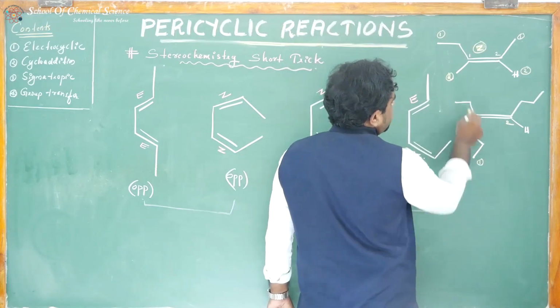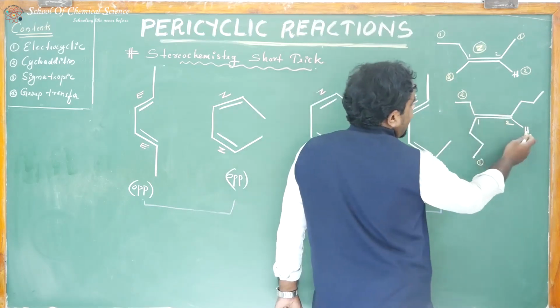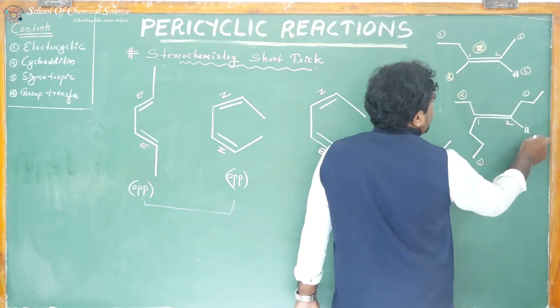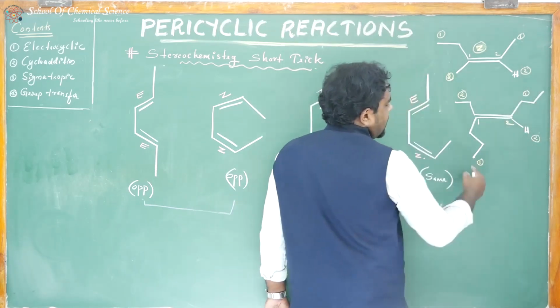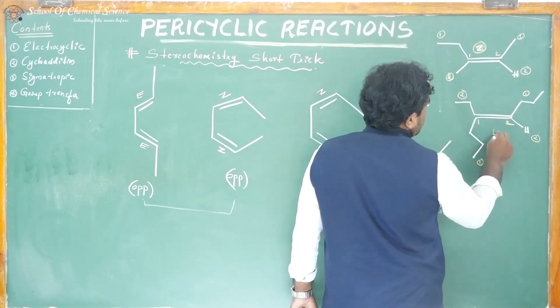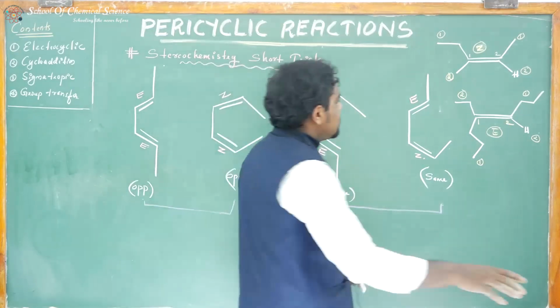Propyl group has first priority, ethyl group has second priority. In carbon 2, hydrogen and propyl group, propyl has first priority, hydrogen has second priority. Same priority groups on opposite sides. So this is E alkene. We will study E and Z alkene in stereochemistry.